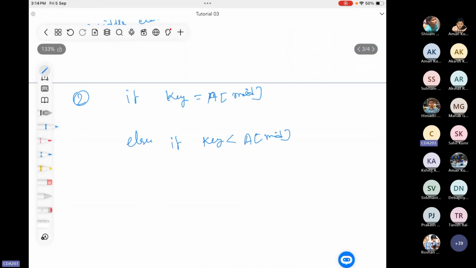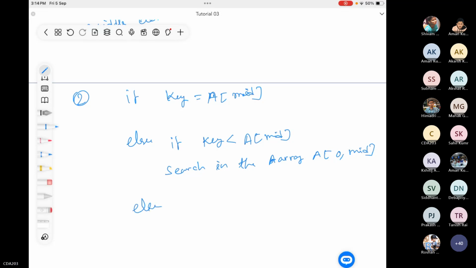So if the key is less than array mid, you repeat the same steps on the left part.